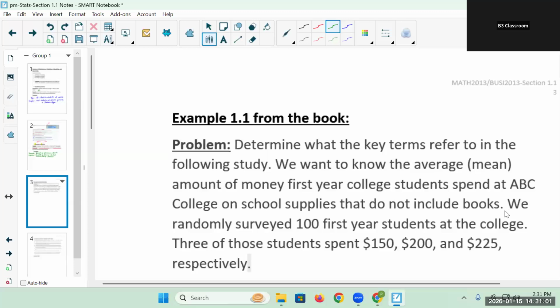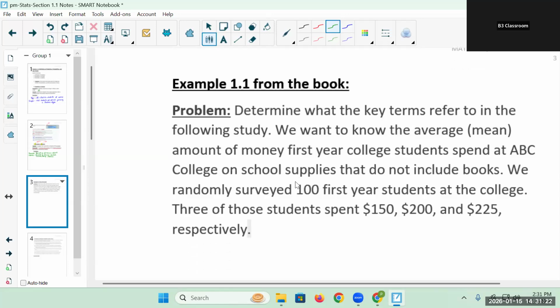So it says determine what the key terms refer to in the following study. And in particular, I'm interested in population, sample, parameter, and statistic. It says we want to know the average mean amount of money first-year college students spend at some college, ABC College, on supplies, but that do not include books. Then it says we randomly survey 100 first-year students at the college.